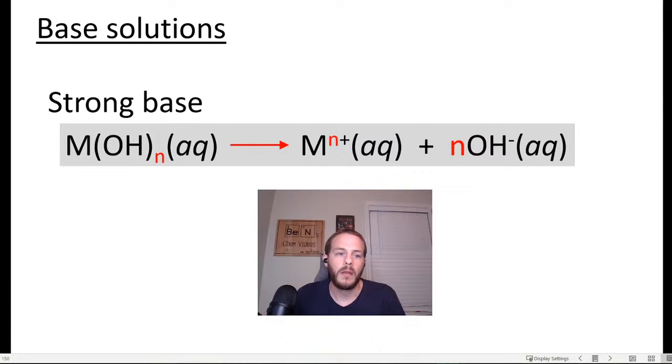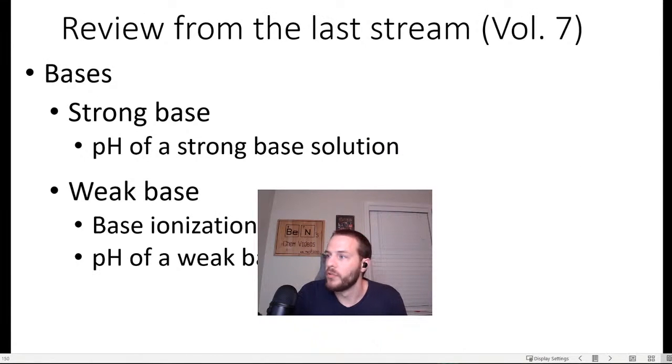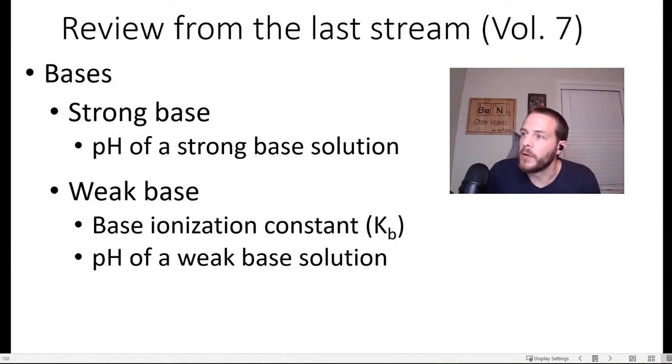So this is what the strong base chemical equation would look like. And of course, finding the pH of a strong base solution is very, very straightforward because a complete ionization takes place. All of that initial concentration of metal hydroxide has been converted into the metal cation and hydroxide. And so we saw a couple of examples of calculating a pH of a strong base solution in the previous live stream.